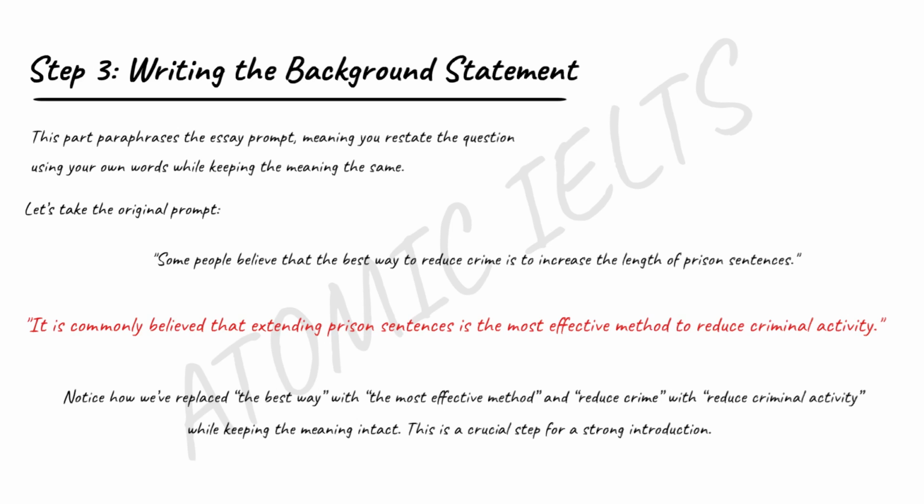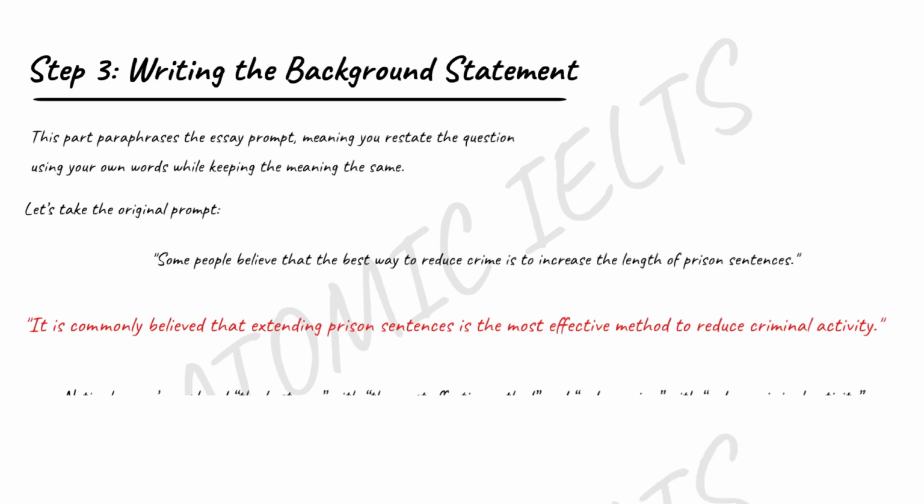Now, we can paraphrase it as, it is commonly believed that extending prison sentences is the most effective method to reduce criminal activity. Notice how we've replaced the best way with the most effective method and reduce crime with reduce criminal activity while keeping the meaning intact. This is a crucial step for a strong introduction.